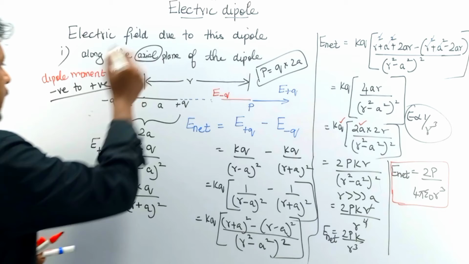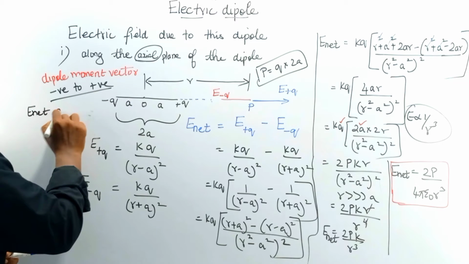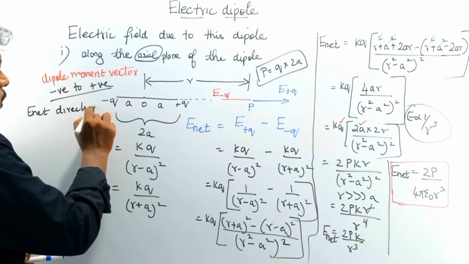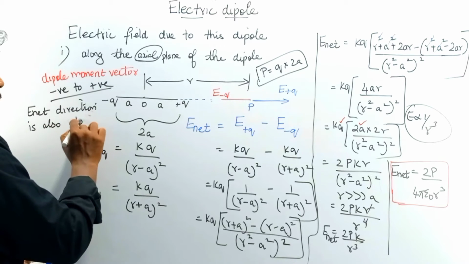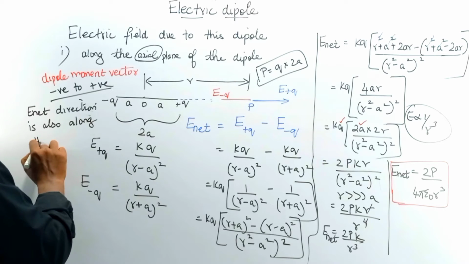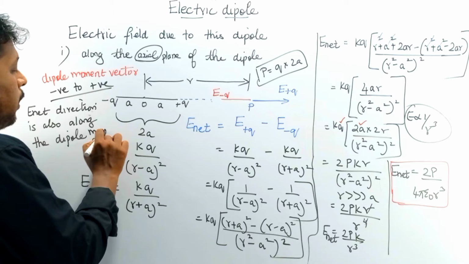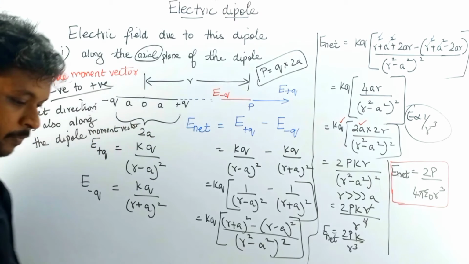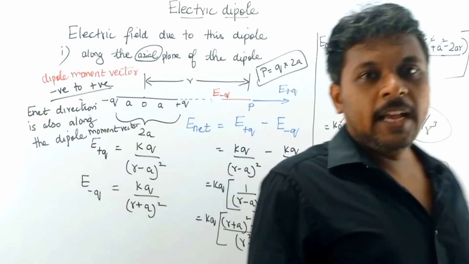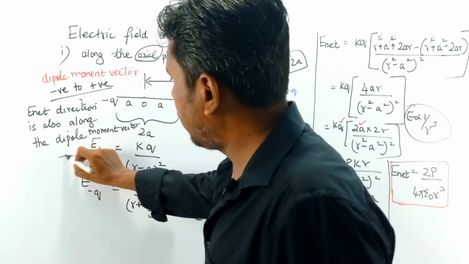Along the axial line, the net electric field direction is also along the dipole moment vector.